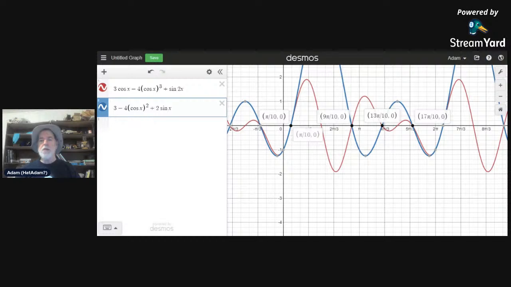Pi is 180 degrees, so pi by 10 is 18 degrees. What's 9 pi by 10? Well, that's your minus 18 degrees. And then we got a couple of others here as well. I'll leave you to work out what those are in degrees.